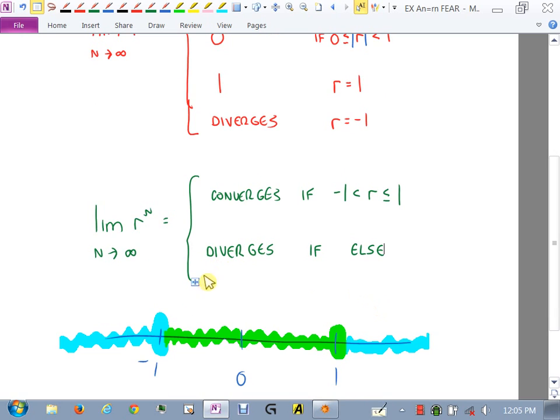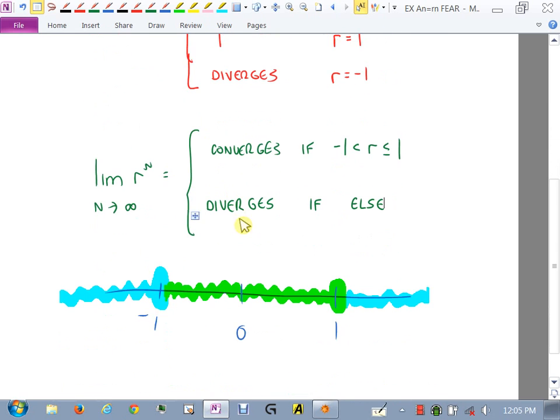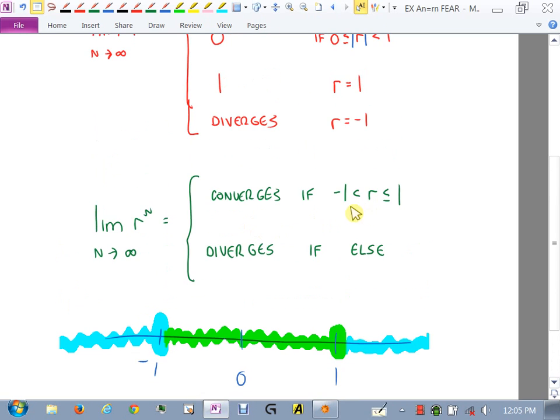So what this is saying is, if you're bigger than -1 all the way up to 1, including 1, we're not talking about what it converges to. We're just going to tell you it does converge, right? In this table, we actually knew it was 0 or 1, didn't we? But this is just saying it converges. And otherwise, if your r is not in here, it's diverging, all right? That's what the else means. If r is something else than this, then it diverges.